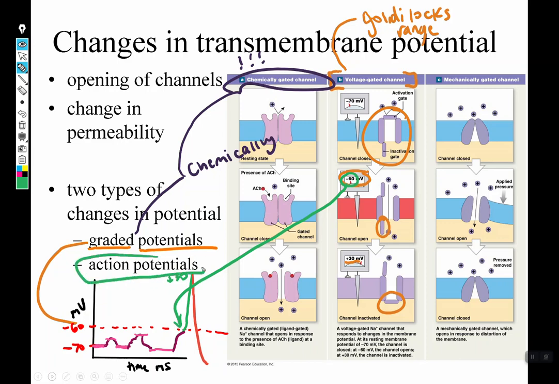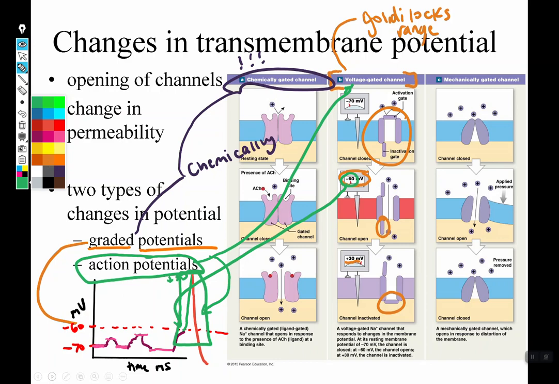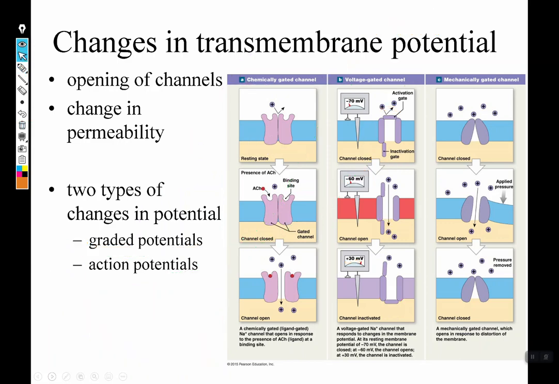So action potentials are caused by voltage gated channel changes, and an action potential is this spiky waveform. Graded potentials are these rounded, less spiky waveforms. So that's what I mean when I say graded and action potential. Different waveforms, different shapes, different laws governing them, depending on what the rules for opening and closing the channels are.